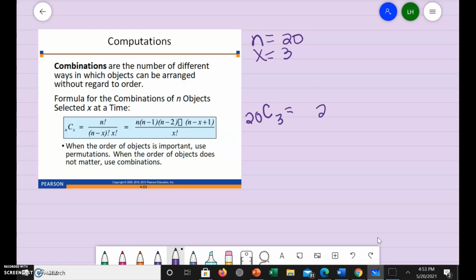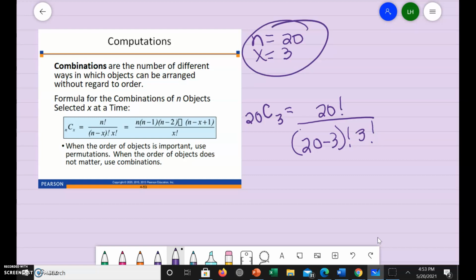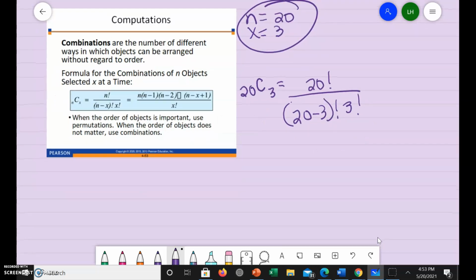So n, 20 factorial over 20 minus 3 factorial, and then another 3 factorial. Make sure you write this down so you can just plug it straight into the formula. So on the bottom, I like to do that first so I know what I need to get to cancel out on the top. On the bottom, 20 minus 3 is 17. So I need to count down to 17 and then just cancel those.